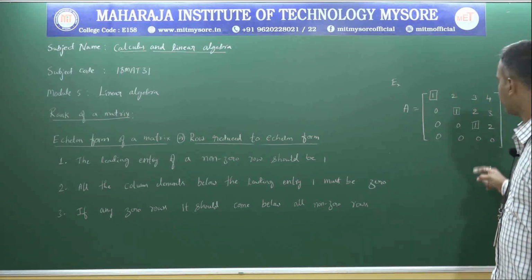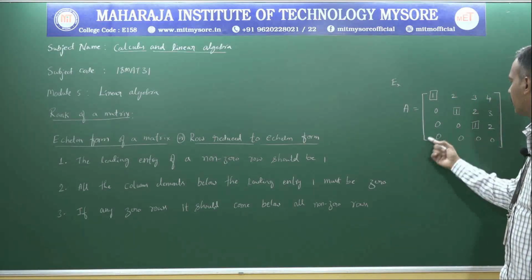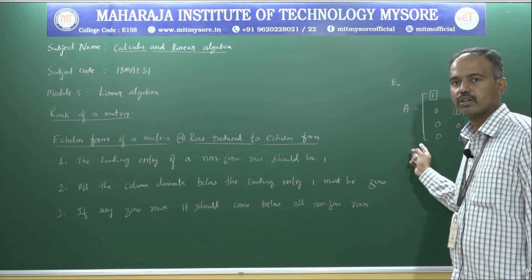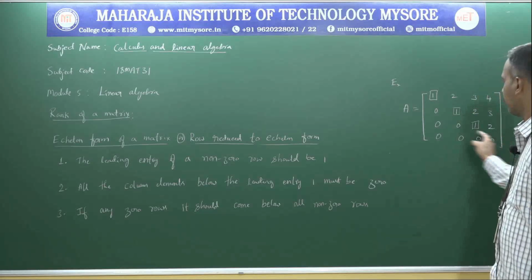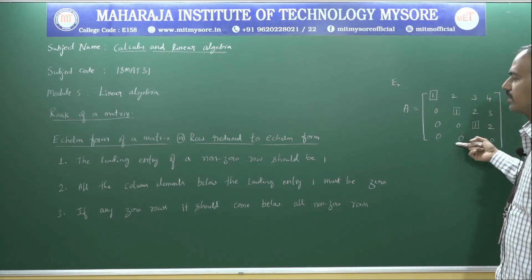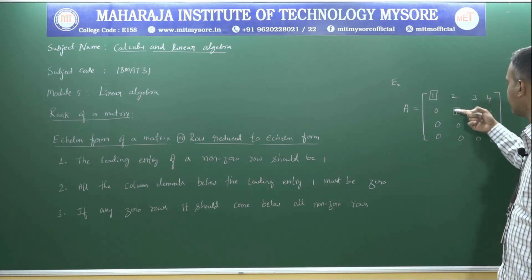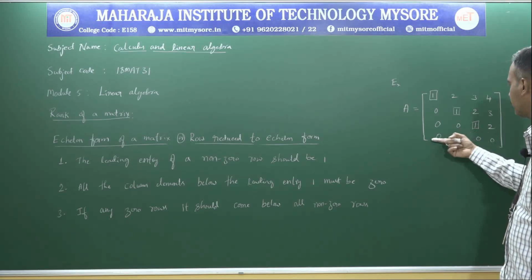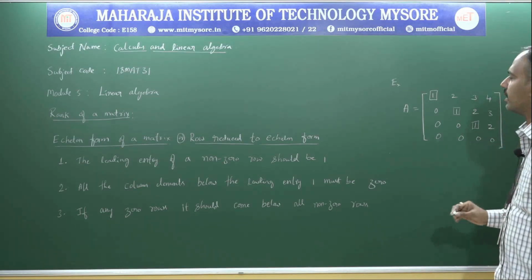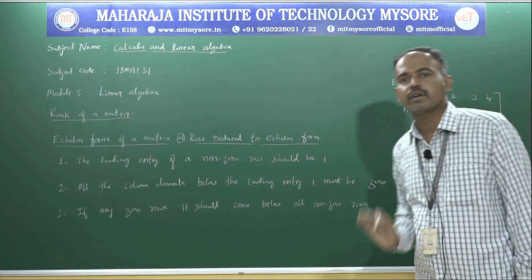Here the matrix A consists of one particular row where all the elements are 0, and it comes below all the non-zero rows. Here 3 non-zero rows are available. So the matrix A is in echelon form. Is it clear to all of you?